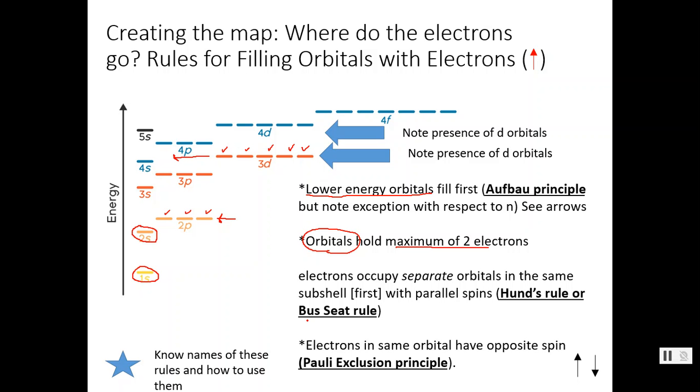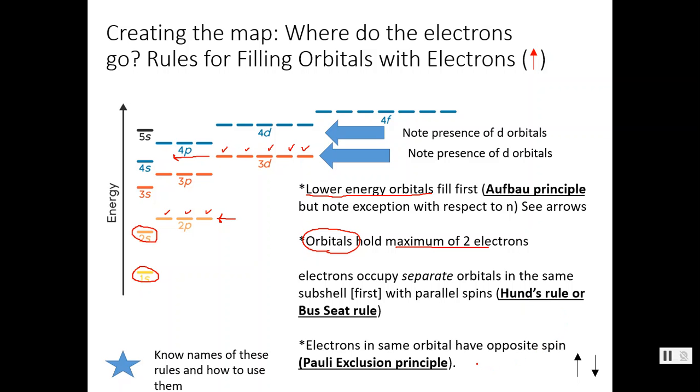It will only share if it needs to or if there's no other choice. That's why electrons, when given the chance, occupy orbitals of the same energy first singly, and only if they have to double up do they double up. That's called the bus seat rule, or Hund's rule.